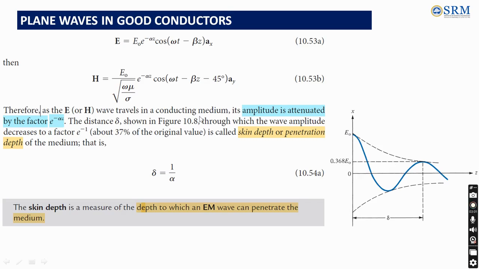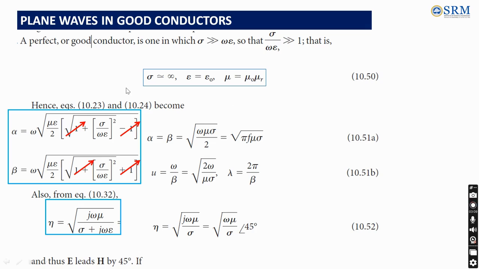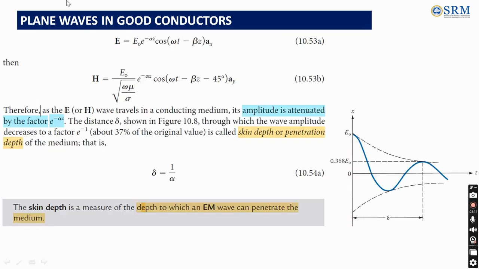Similarly, for the magnetic field, I can write in terms of E naught by eta. Eta, I'm taking the value from the previous result, root of omega mu by sigma, same e power minus alpha z cos of omega t minus beta z will be there. But a phase delay of minus 45 degrees comes here, because 45 degrees is in the denominator. When it goes to the numerator, it is minus 45 degrees, and it has a component along the y-axis, so the ay unit vector.